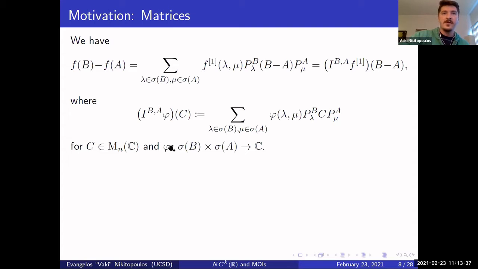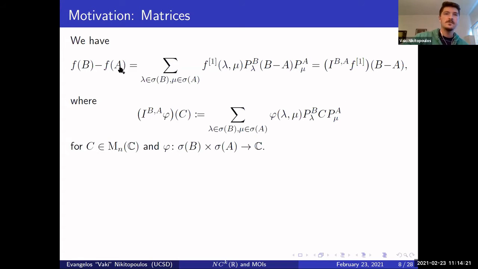If you have a function of two variables phi, then I will define I^B,A of phi applied to a matrix C as the same double sum over the eigenvalues lambda of B and mu of A of phi of lambda, mu, P_lambda^B C P_mu^A. So if we remember the expression for functional calculus in one variable, what this looks like is we're taking this function of two variables, we're acting the first variable on the left of the input, and then we're acting the second variable on the right of the input. So this interpretation will be important later, but I thought I would point it out now that I've introduced this operation.